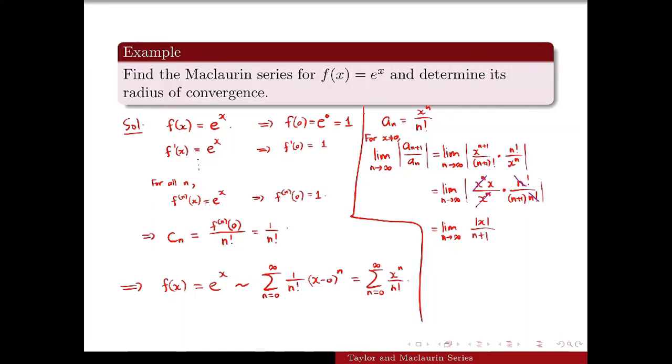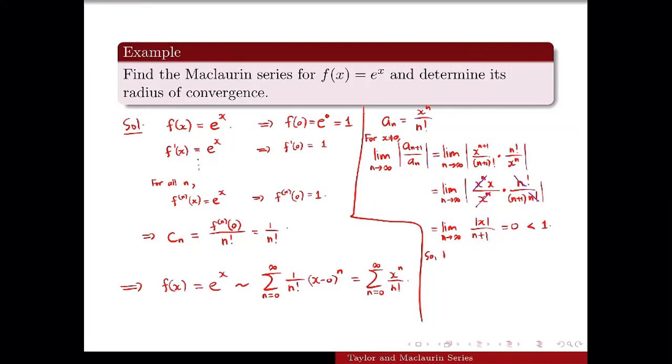And as n approaches plus infinity, this guy here is fixed relative to n. As n approaches infinity, this will be equal to 0, which is less than 1.